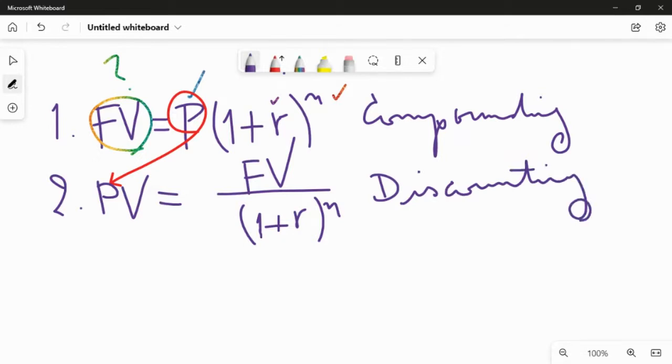So I told you discounting and compounding are basically reverse processes of each other.